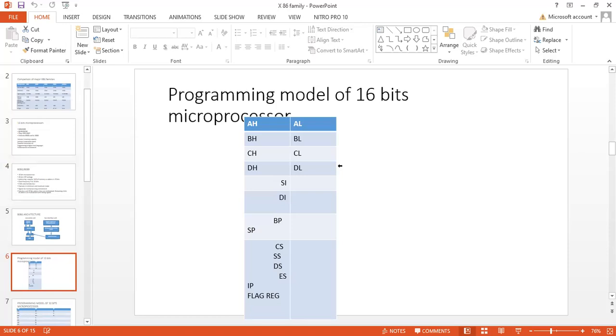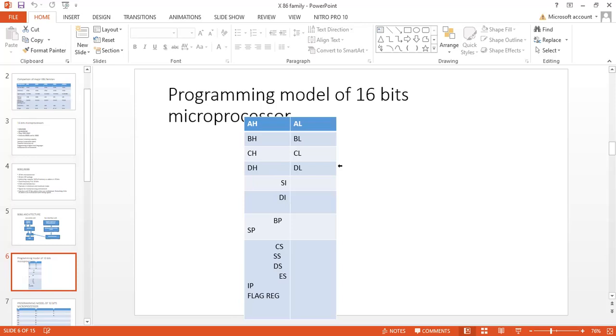Then you have the source index and destination index. These are the index registers. Then you have the base pointer and stack pointer. These are the pointer registers, again 16-bit registers, because they will point to the locations within the segment. Then you have code segment, stack segment, data segment, and extra segment, again 16-bit segment registers.